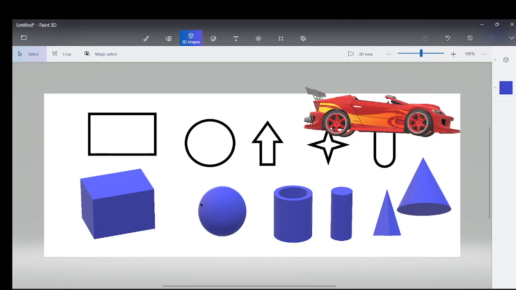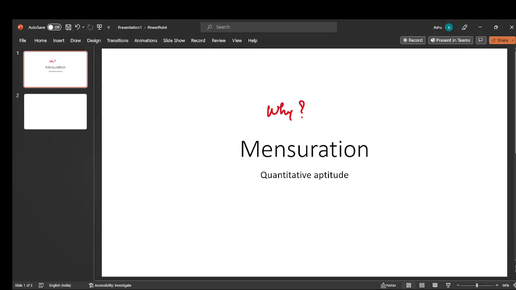It is closely related to geometry. So we can tell why we study mensuration. That is the most important point to understand, and it will be very helpful if you try to solve it. If you give it time, your mind will change. Clear? You get more concepts and your skill will be enhanced. Clear? That is the point.